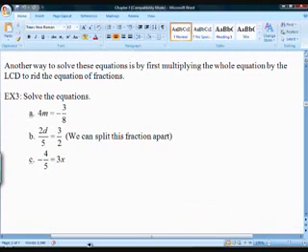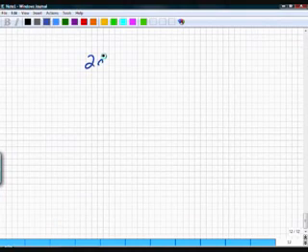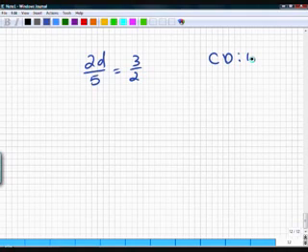Let me show you again. To remove fractions, you can multiply by common denominators. 2d over 5 equals 3/2. How many terms do you have there? 2. How many fractions do you have there? 2. What's the common denominator for those fractions? Common denominator, 10.